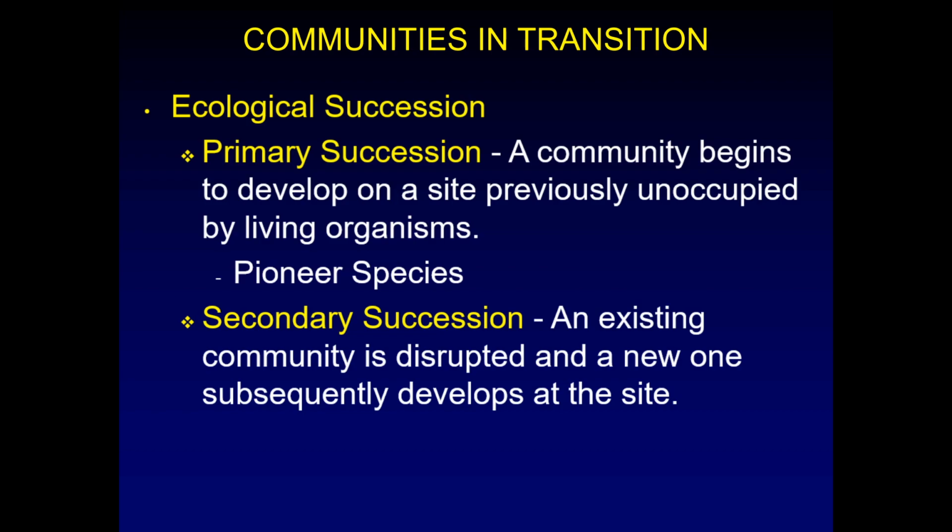But then what comes back after that is a similar plant community, that's secondary succession, because it's not fresh, brand new, unoccupied living ground. So think about it as if you buy a used house, a house that someone's previously lived in, versus building your own. So primary succession would be building your own, fresh rock, fresh ground, fresh everything. Secondary succession, that ground and stuff has been there before.